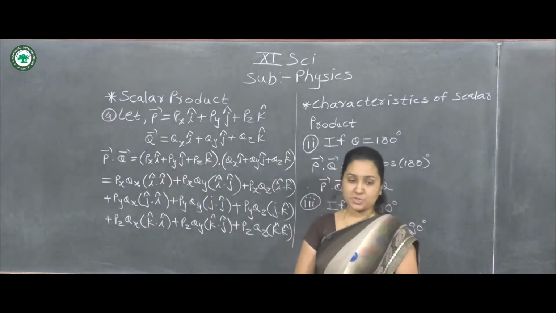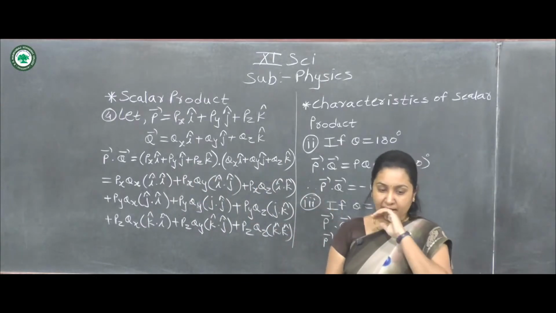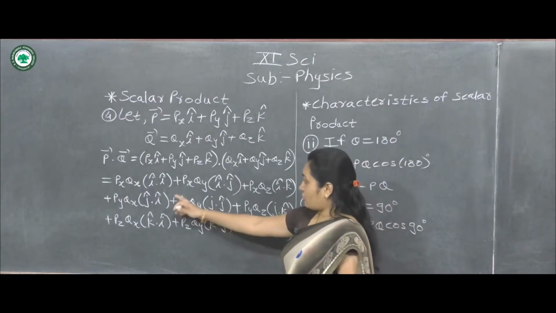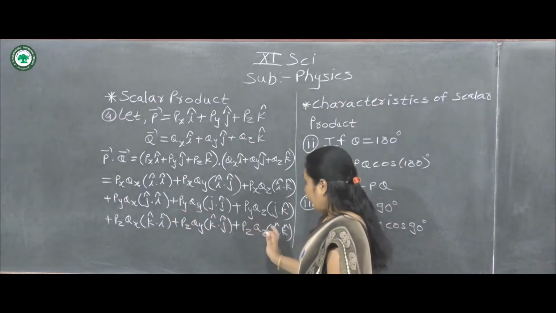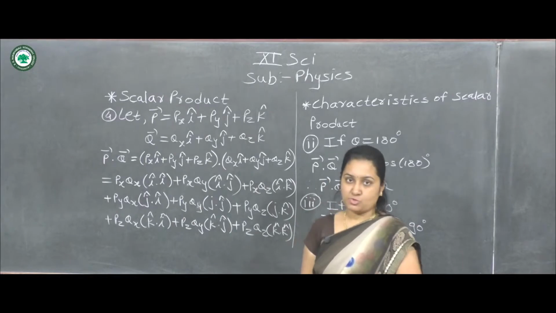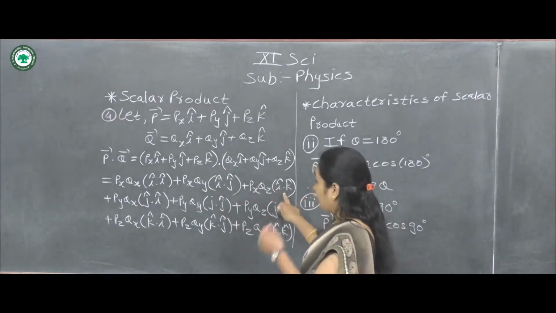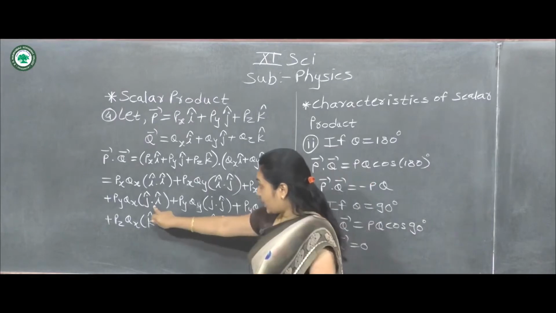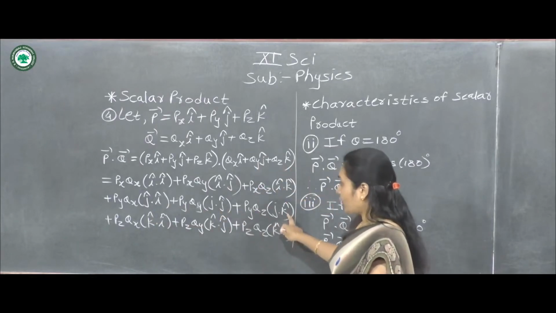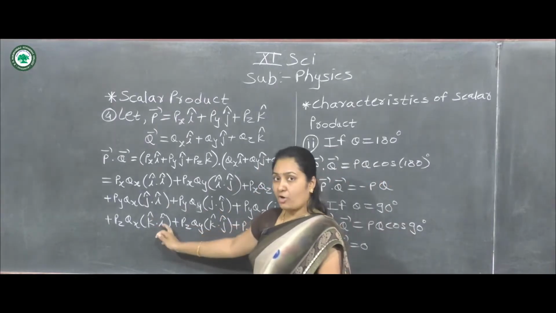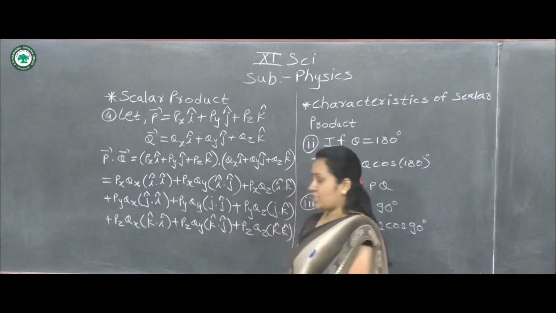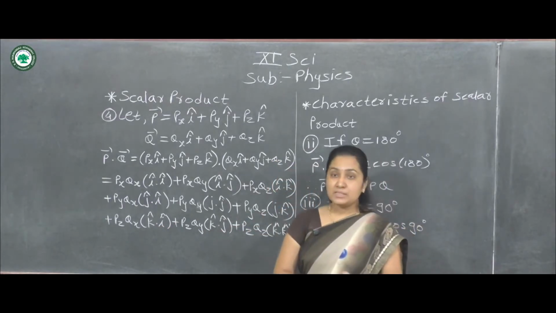Now we can substitute the values of i dot i, j dot j and k dot k, which are equal to 1. Then i dot j, i dot k, j dot i, j dot k, k dot i, k dot j, all these will be 0.